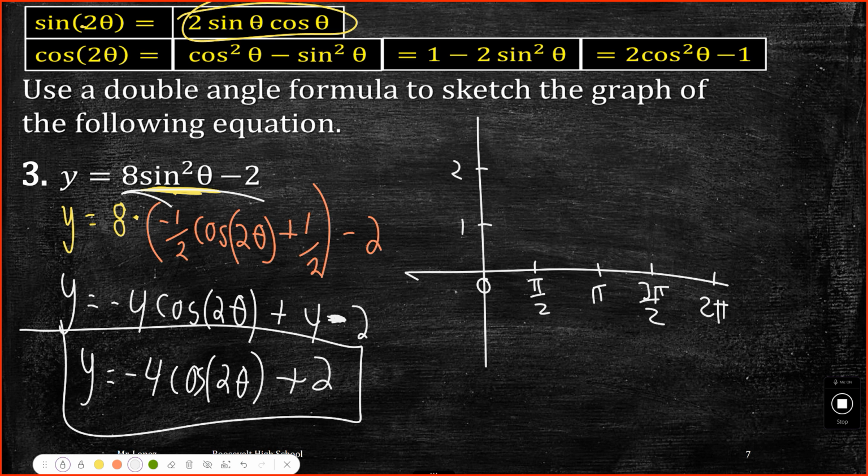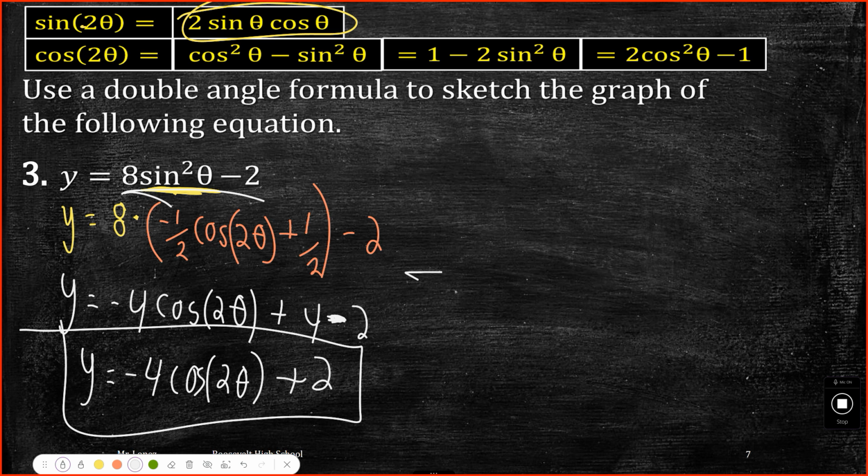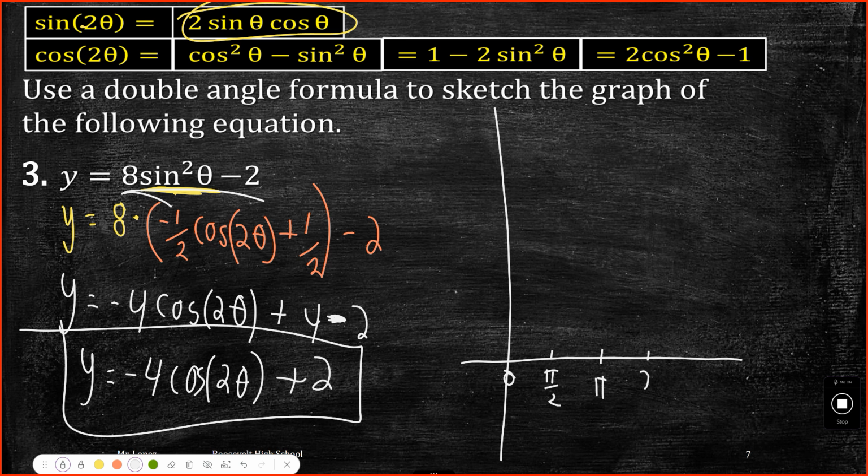That's a messed up graph over here. Let me make it lower so I can graph it here. 0, pi over 2, pi, 3 pi over 2, 2 pi.